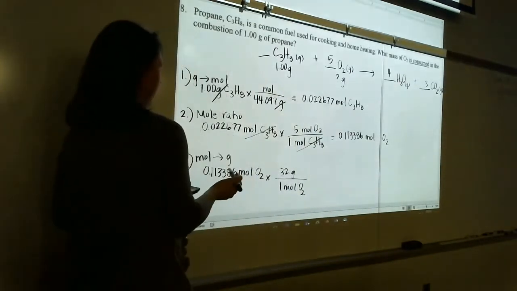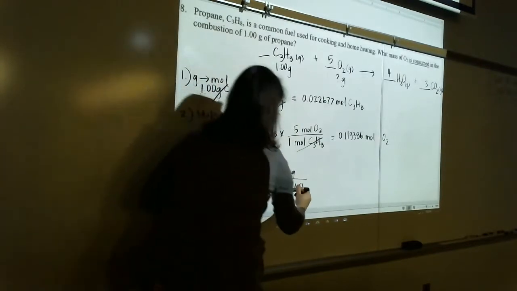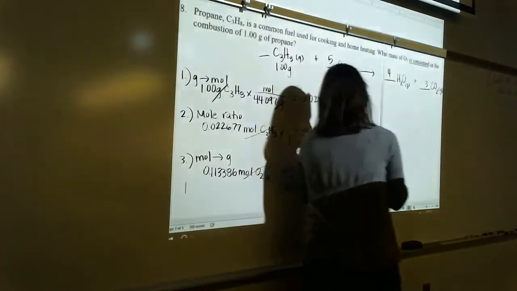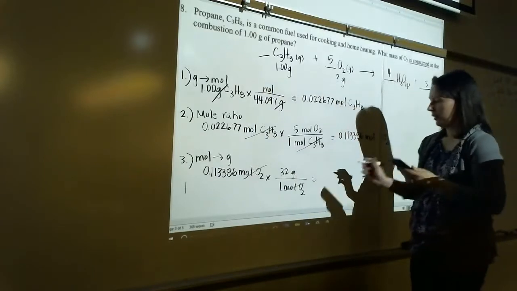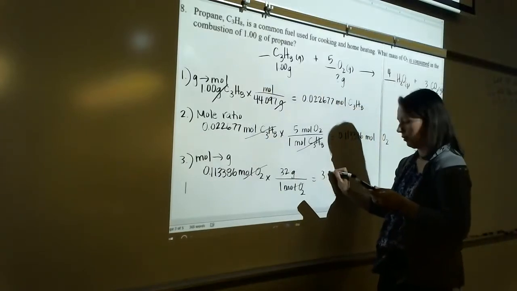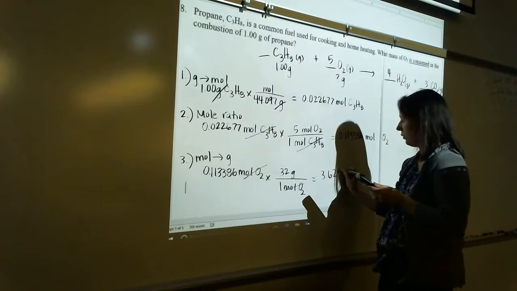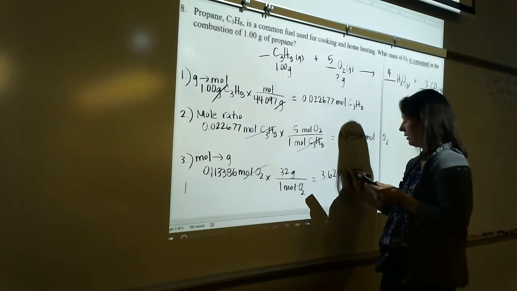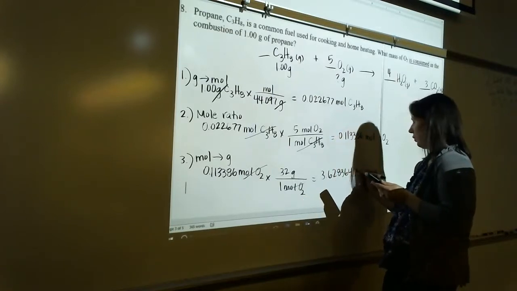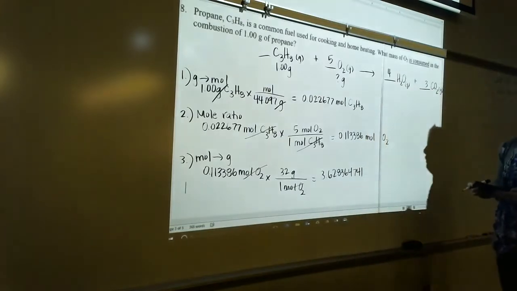Because each oxygen 16, 16 is 32. So times 32. That gives me 3.628364741. Is that my final answer?